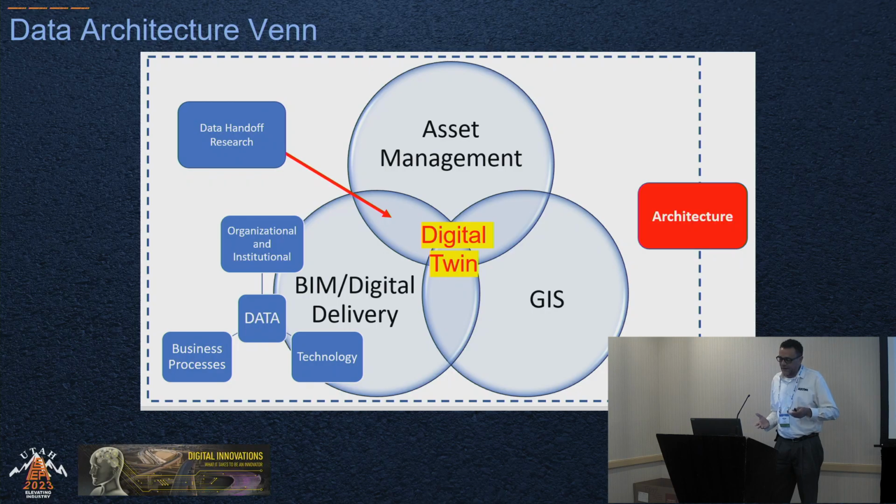So, a simple Venn diagram. This was developed a little bit earlier this year through the AED-80 working committee. When we think of architecture, there are three key components towards what we consider a digital twin: asset management, geographic information systems, and then the BIM, or the digital delivery of all of that information.